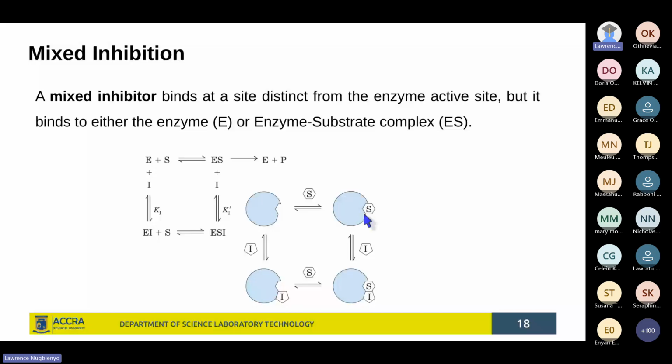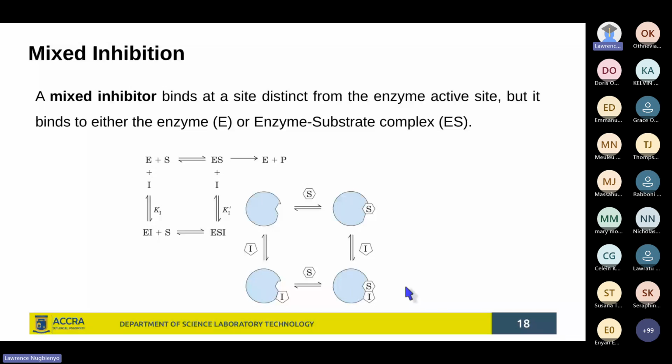So you now have an enzyme substrate inhibitor complex, which cannot proceed to products. You can also have the inhibitor binding first. So you now have an enzyme inhibitor complex before the substrate comes to bind to the active center. All of these will end up with the enzyme substrate inhibitor complex, which will not proceed to products.